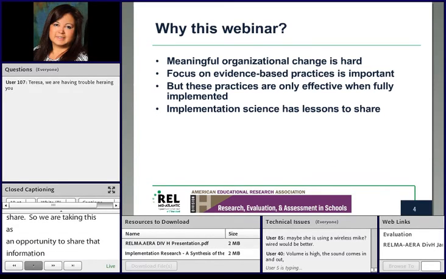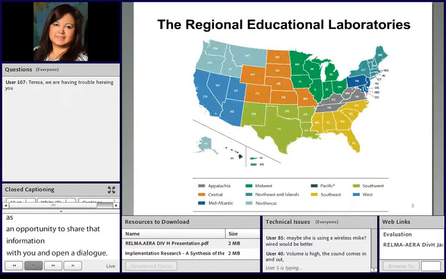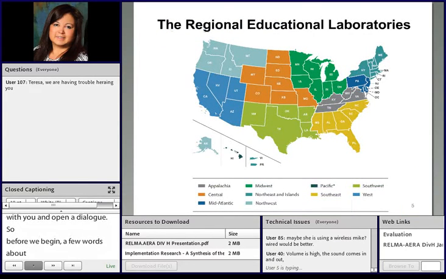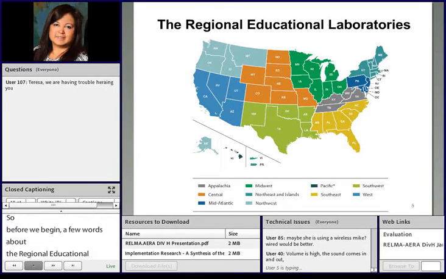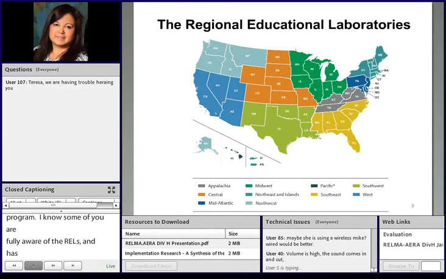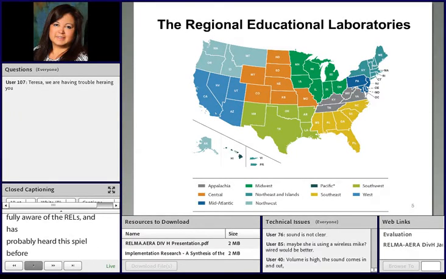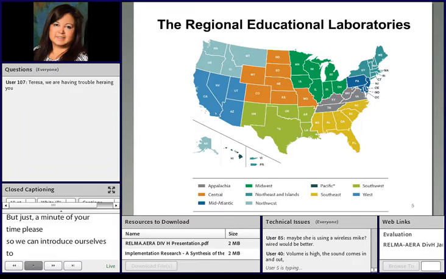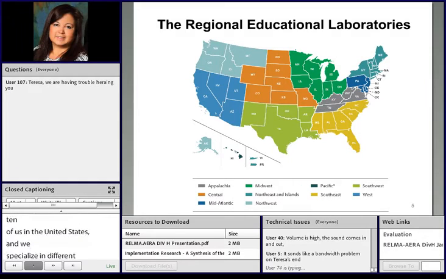Before we begin, just a few words about the Regional Educational Laboratory Program. I know that some of you are fully aware of the RELs and have probably heard this spiel before, but just a minute of your time, please, so we can introduce ourselves to those who are not familiar with us. The REL program is a federally funded set of centers. There are 10 of us in the United States, and we specialize in different regions. REL Mid-Atlantic works with DC, Delaware, Maryland, New Jersey, and Pennsylvania, as you can see here.